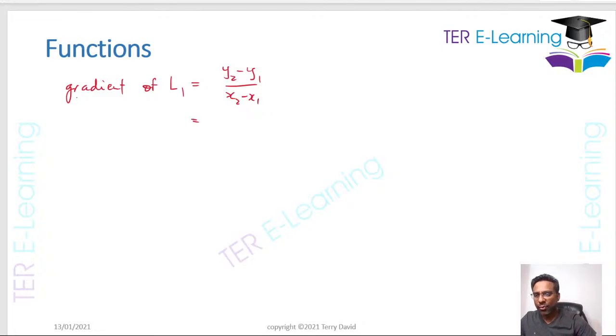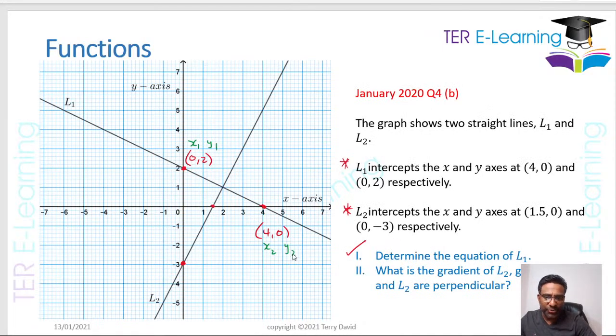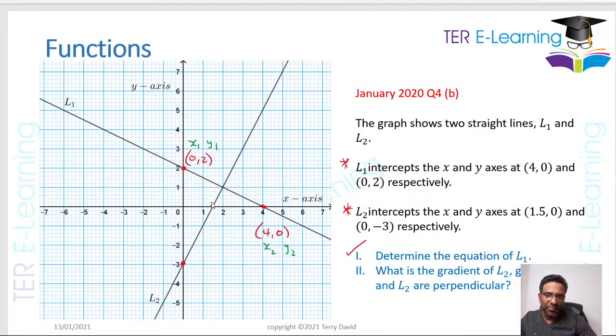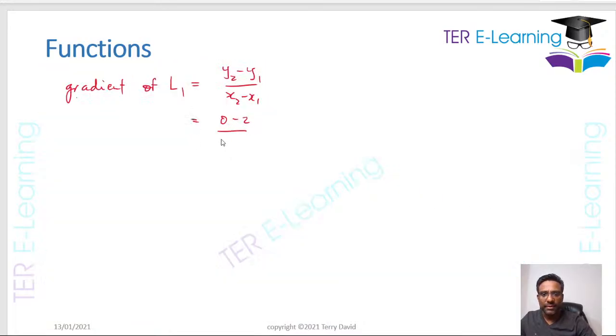So what is my y1 and y2? y2 is 0 and y1 is 2. So it's 0 minus 2 divided by 4 minus 0. That's going to give me minus 2 divided by 4, and that's going to give me minus a half. So that's the gradient of L1.